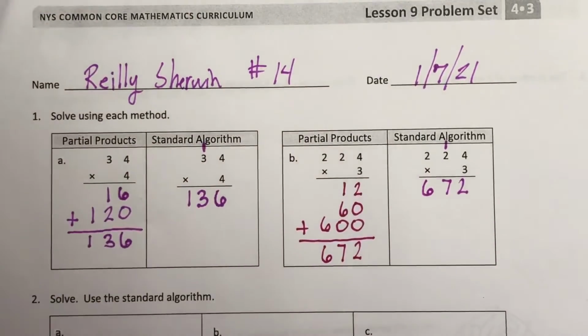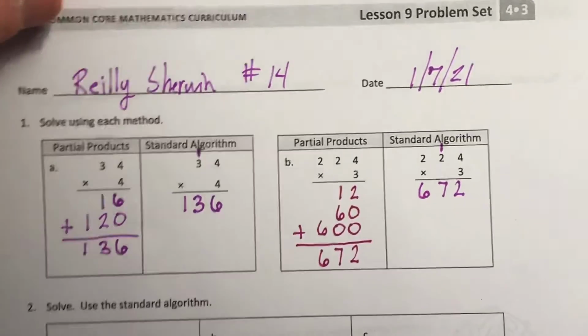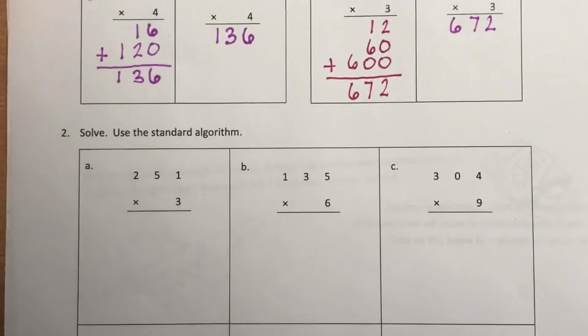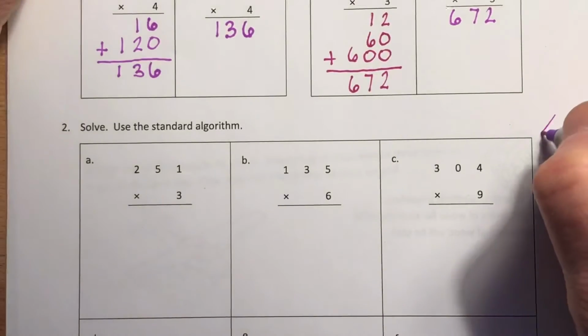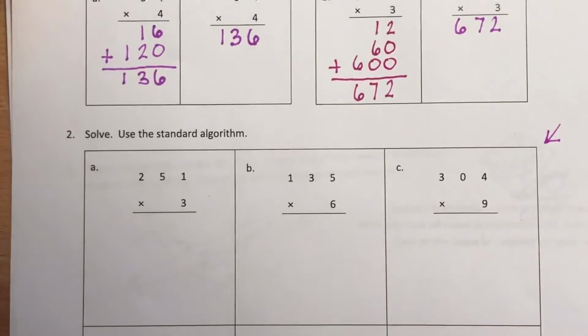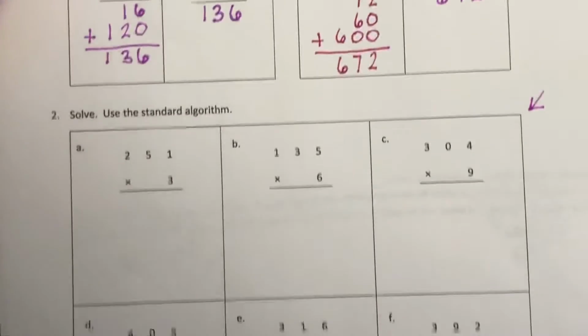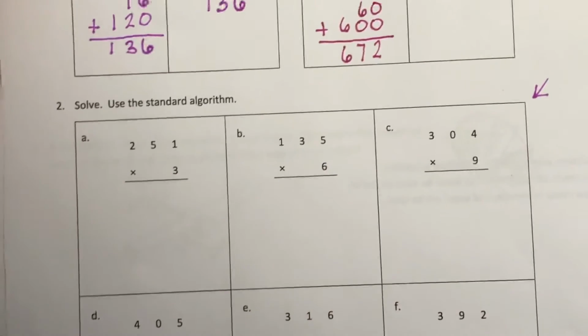So that's basically all it's teaching you, okay? We end up with the same numbers. Now the rest of these problems right here is you going through this and doing the standard algorithm, just like this over here, okay? Just like that. All right, I'll do the first one and then we'll move on to the back.